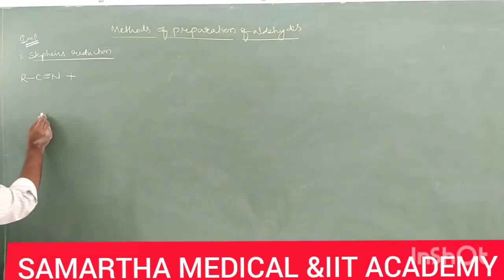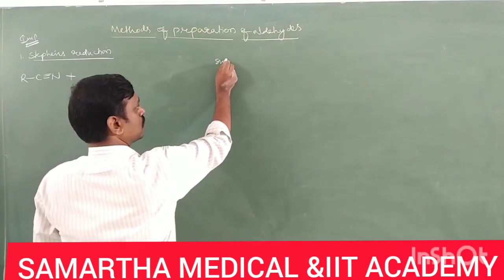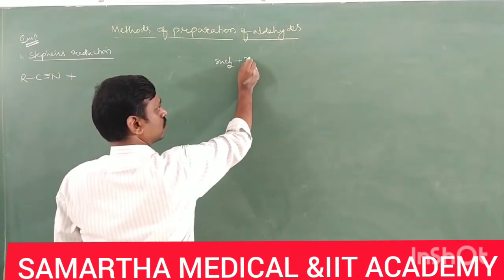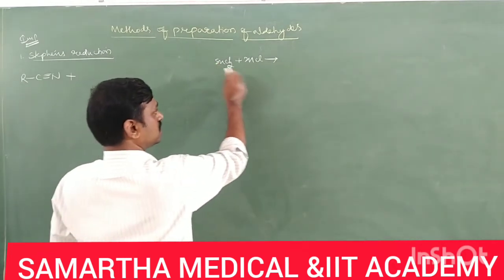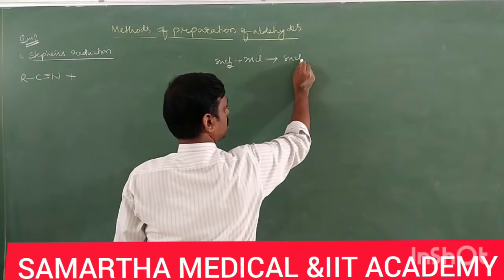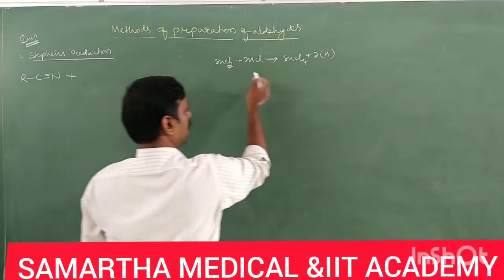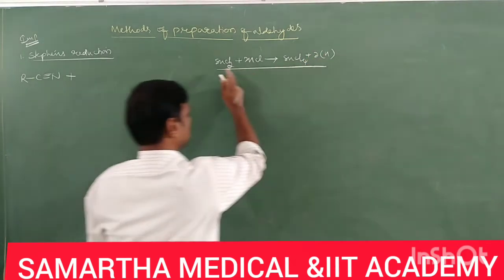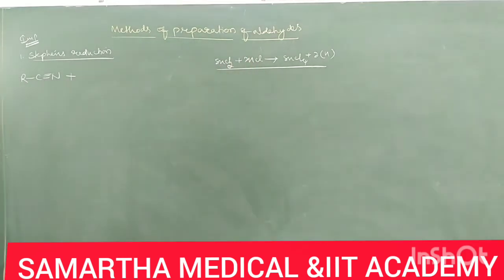This SnCl2 and hydrochloric acid, I will write here, SnCl2 plus 2HCl, which produces nascent hydrogen. SnCl2 becomes SnCl4 plus 2 nascent hydrogen. It means this mixture of SnCl2 and hydrochloric acid is a good reducing agent.